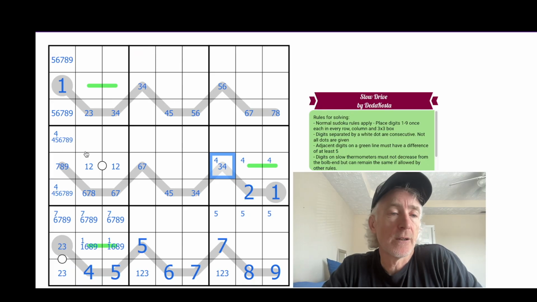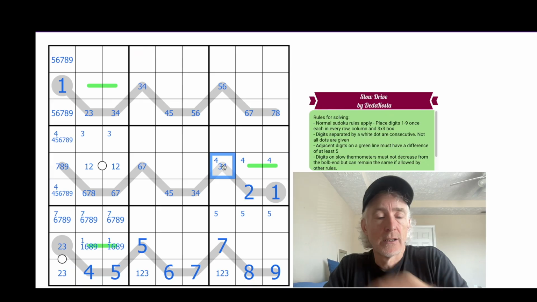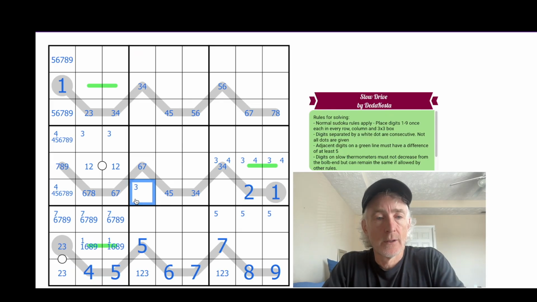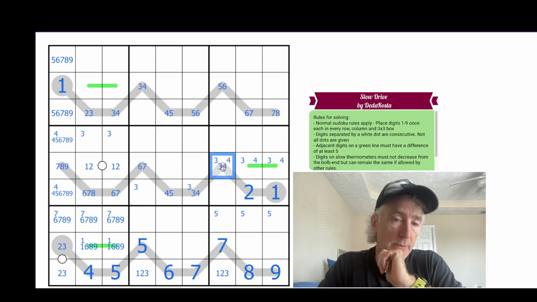But where's 3 going? So 3 over here is going to be in one of these 2 cells. 3's in one of these 3 cells. So it's going to either be here, or if this is 1, 2, 4, this is 3.